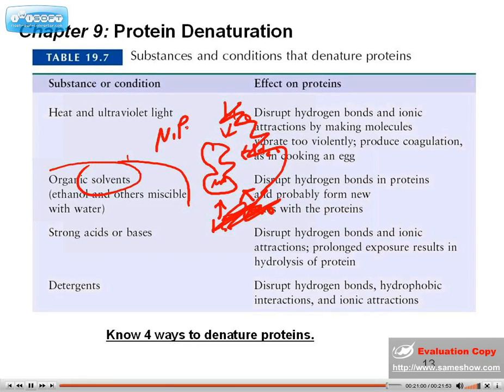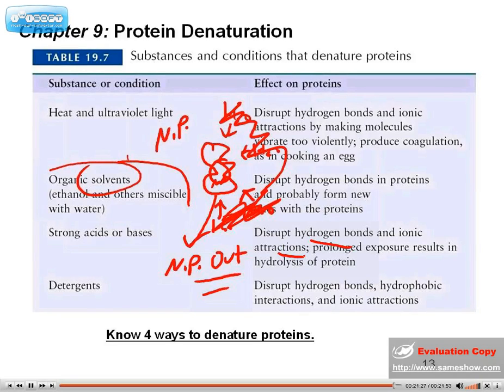Matter of fact, the protein may turn inside out, so that the nonpolar side chains are actually facing outwards. Pretty cool, huh? Strong acids and bases will interfere with the hydrogen bonds and ionic forces, which again causes it to fall apart.